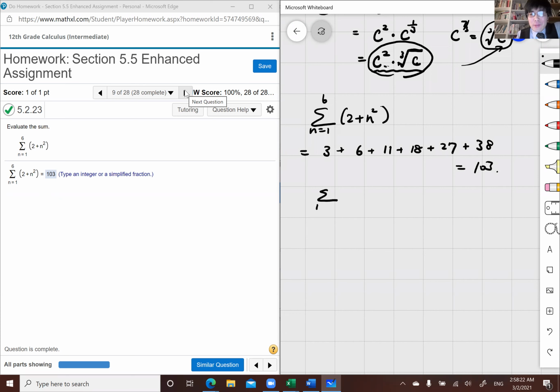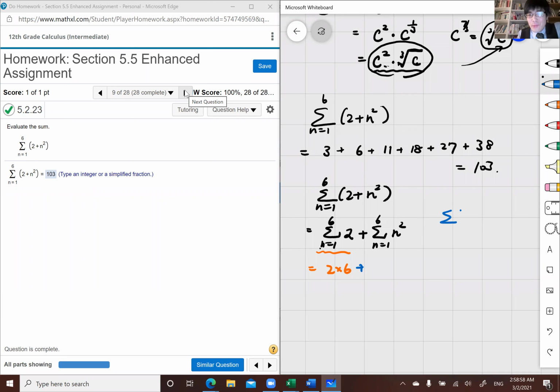Another way to do it is to use a formula, if you remember it. This is a sigma of a sum. Like with integrals or derivatives, you can split the sigma into two parts and take the sum. This part means 2 plus 2 plus 2 plus 2 plus 2 plus 2. It is the same thing as 2 times 6. This part is the sum of the first n squares.